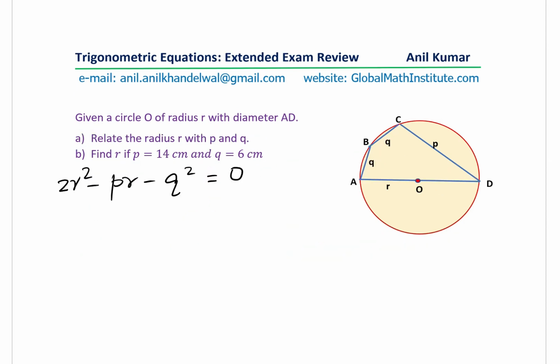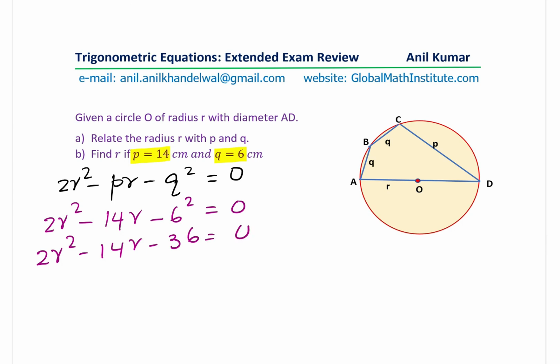Now in this equation, we are going to substitute the value of P as 14 and the value of Q as 6, and we can find the value of R. So we get 2 times R square minus 14R minus 6 square equals 0, which is 14R minus 36. Now we divide by 2, so we get R square minus 7R minus 18 equals 0.